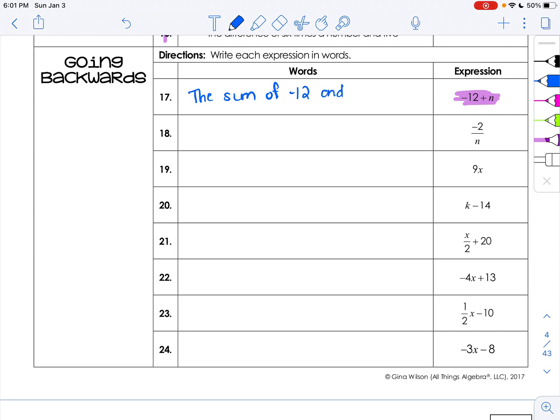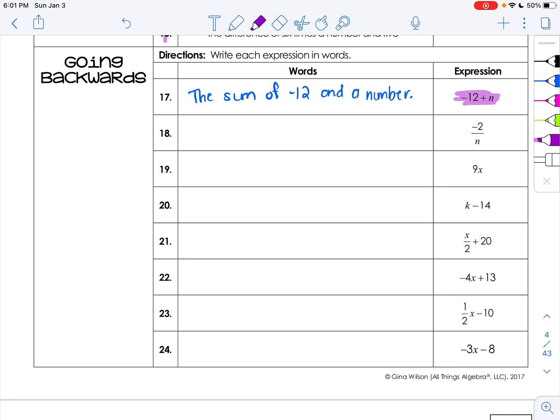So remember, when we translated above, we said a variable was a number. Now remember, there are several ways you can translate these. So this is just one, because there's several words that we can use to represent addition.